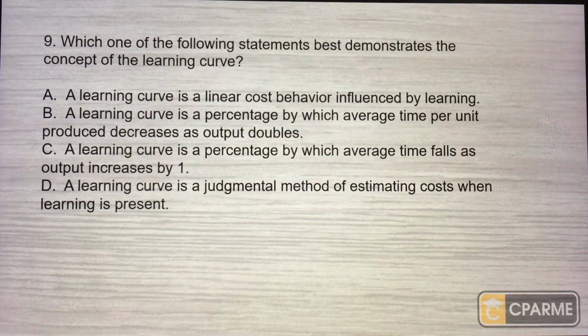Which is the correct one here, or the best info that will define what learning curve is? A, B, C, or D? The correct answer is letter B, by which average time per unit produced decreases as output doubles.